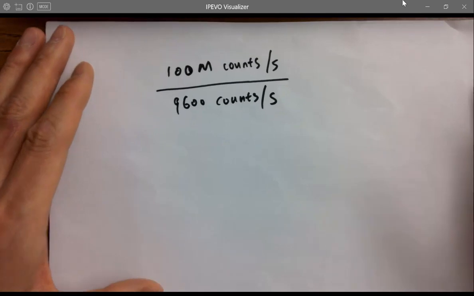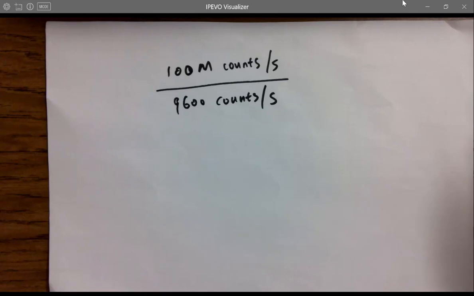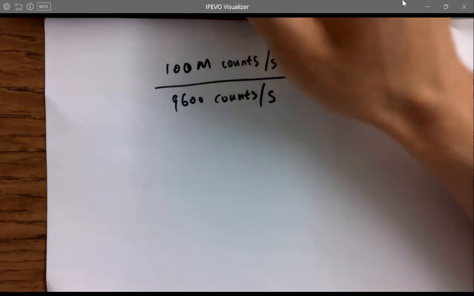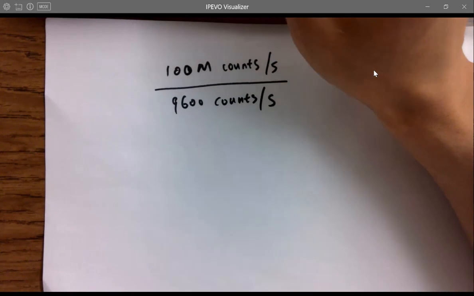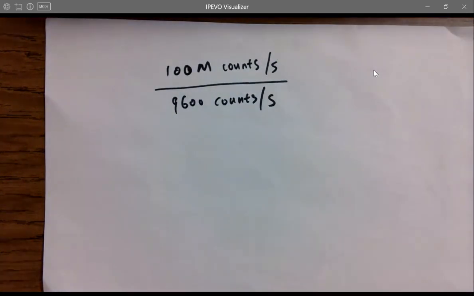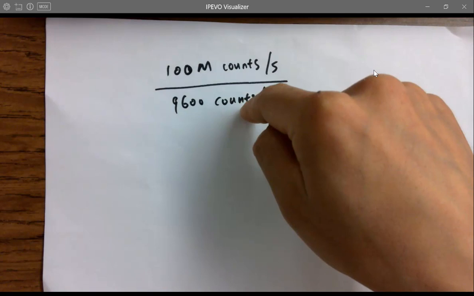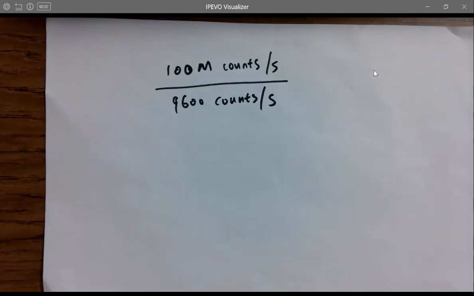So what we're getting from this is just the number of counts we're going to use, right? If you count until this number, and then send a bit to the line, then you are getting 9600 counts per second.